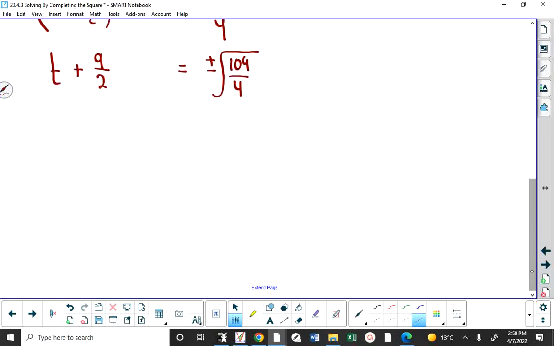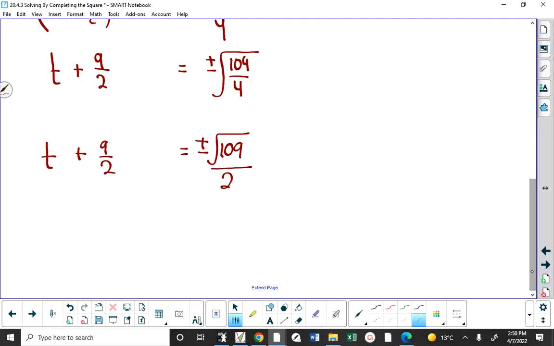Before I move that 9 halves over, I want to point out that this is plus or minus root 109 over 2. Because the square root of 4 is 2.